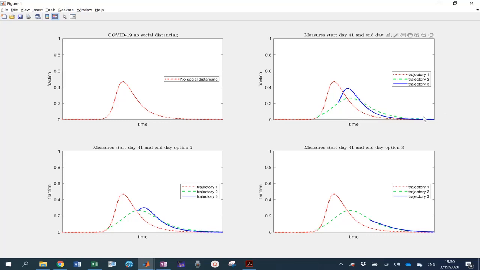And what I've done, at least in the programming side of it, is I've started our system of differential equations using as initial values the ending values of this green curve here. So I've taken them and fed them back into another SEIR model to generate this curve that you see.